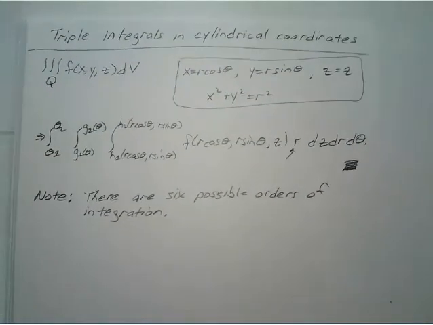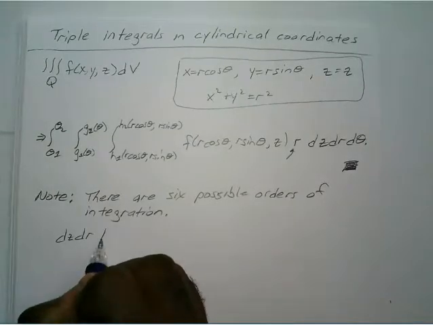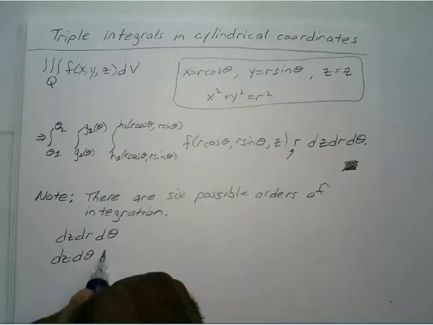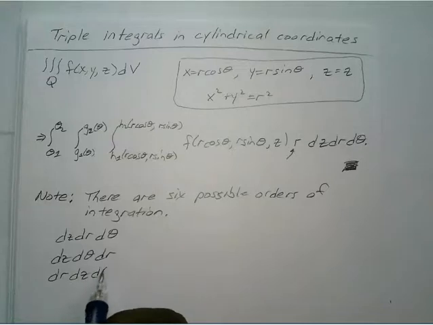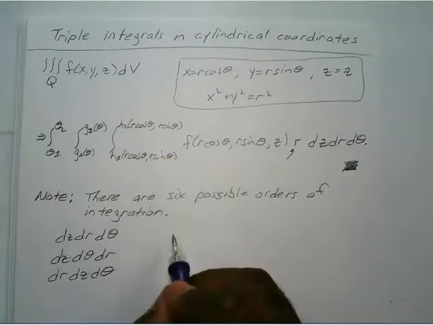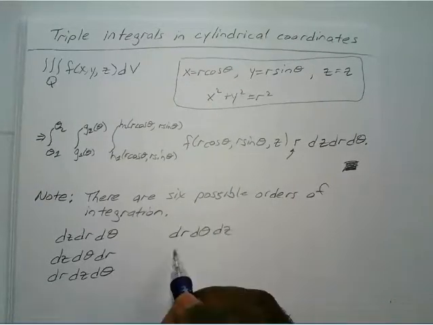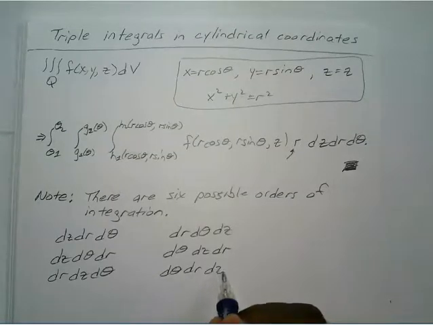Okay, so you have dz dr d theta, dz d theta dr, dr dz d theta, dr d theta dz, d theta dz dr, and d theta dr dz.